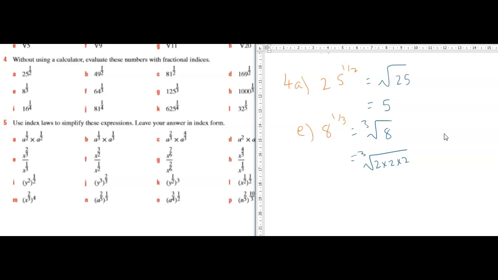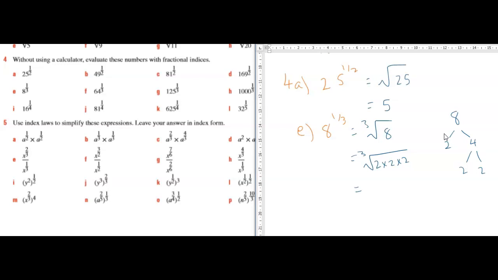If you want to know how to get that, you can do a factor tree, your prime factor tree. So 8 is the same as 2 times 4 and 2 and 2. So you keep going down this path until you get your prime factors. So if you're a bit unsure what it could be, you could break it down this way.